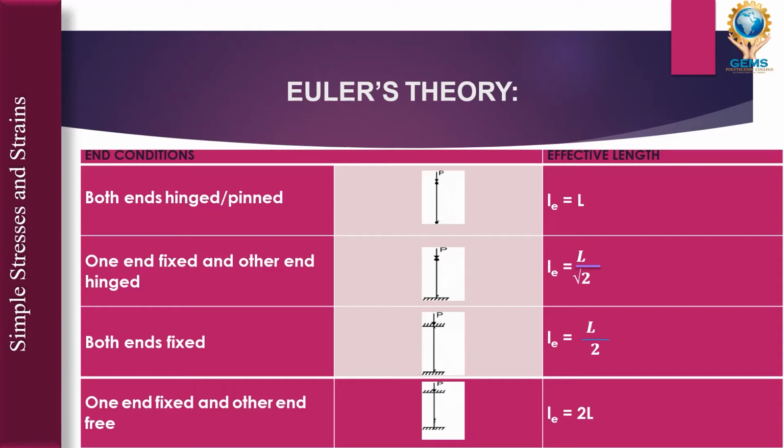If both ends are fixed, then LE will be equal to half of original length, L by 2, and if one end fixed and another end free, then LE will be equal to double of L.